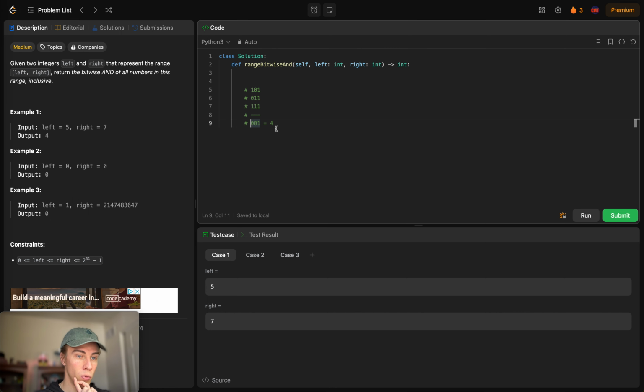What if I was to do some bit manipulation, mainly shifting this left and right? I could do that, right?